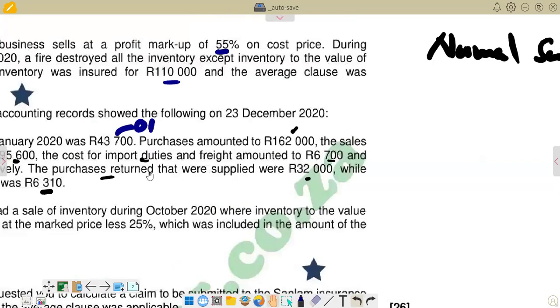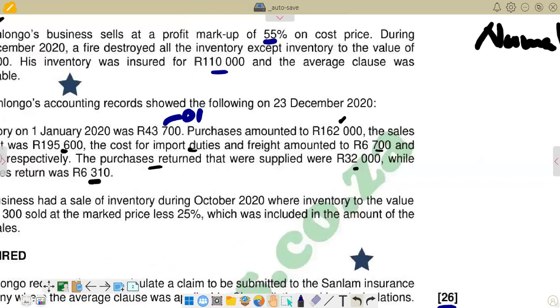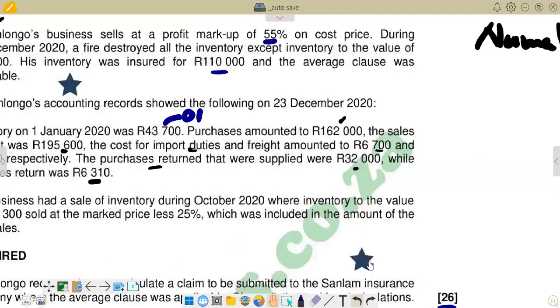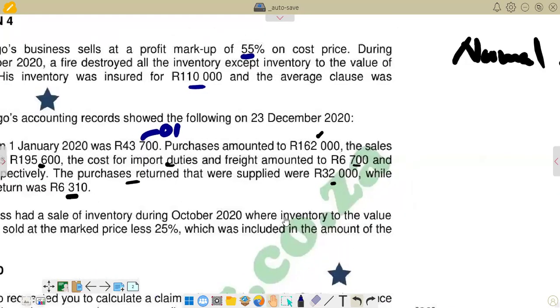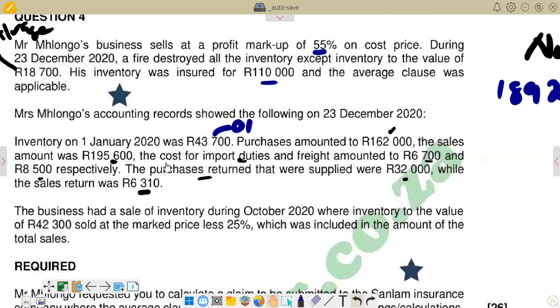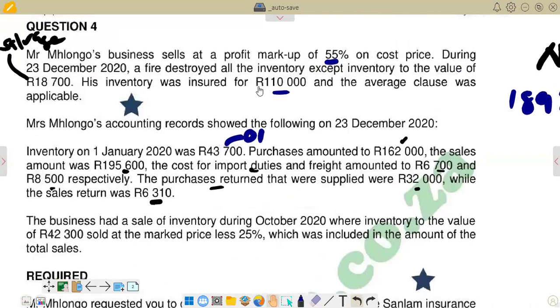Remember, when we calculated sales, we subtracted our sales returns and we got 189,290. So this is the figure that we are going to use. So we come here, we are going to say 189,290. And then we are going to subtract the figure that we have here. Let's try to see the figure for.